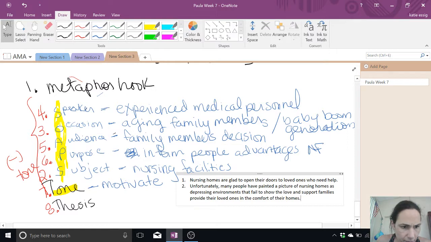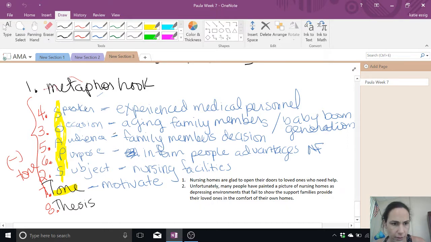So I said I was going to write a sentence about the nursing facilities and I have to be negative. So did I do that? Unfortunately, many people have painted a picture of nursing homes as depressing environments that fail to show the love and support families provide their loved ones. Let's get rid of love because I used the word twice. The support families provide their loved ones in the comfort of their own homes. Let's emphasize that. All right, number two. Okay, so here let's go ahead and mark it off.